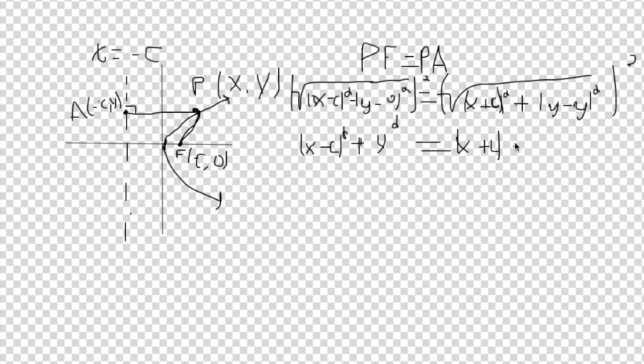And y minus y squared is going to equal 0. Therefore, it's null, we don't need to put it. We're going to expand both these expressions. x squared minus 2xc plus y squared equals x squared plus 2xc.